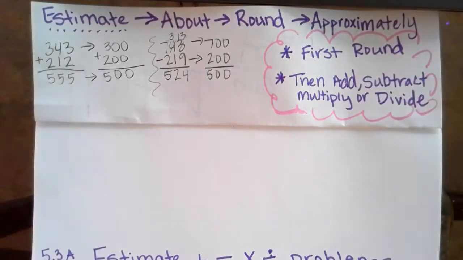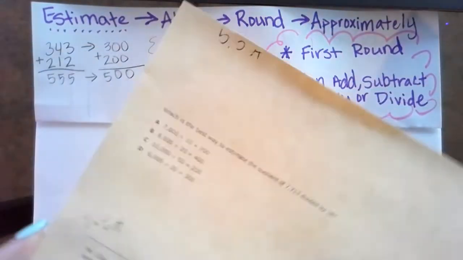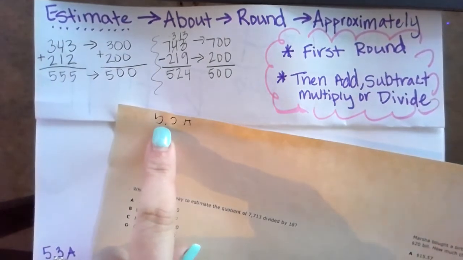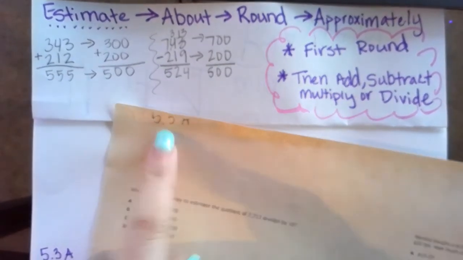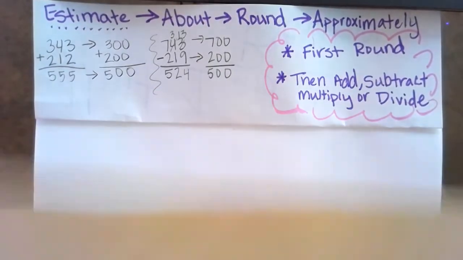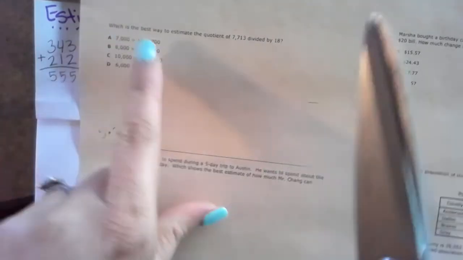All right, here is the point where you have a sheet of paper. It's on a tan piece of paper. Over here you see 5 point, and it kind of cut off, but it's 5.3a and 5.3k. We're working on 5.3a. So what I want you to do, there are 2 problems over here. One says, which is the best? And then Mr. Chang. So I want you to just cut that paper in half.